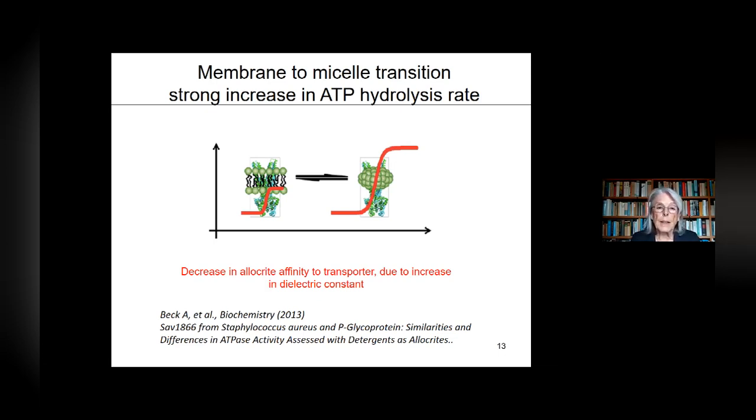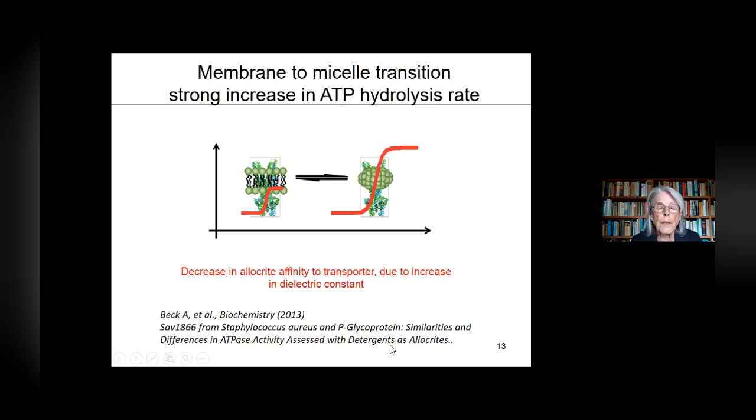On the other hand, the binding of the allocrite to the transporter directly within the membrane increases if you have a higher packing density. This is because the weak electrostatic binding is very much dependent on the dielectric constant of the membrane. If it is very low, the affinity is high. If you have high affinity, the rate is low.